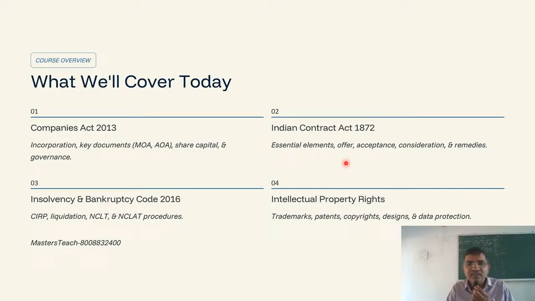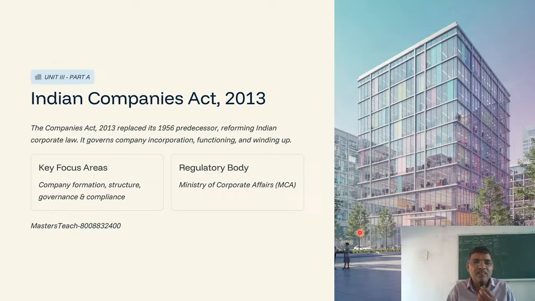In this, we'll discuss elements like acceptance, consideration, remedies, and the Insolvency and Bankruptcy Code 2016, CIRP, then liquidation, NCLT and NCLAT procedures, then intellectual property rights, including trademarks, patents, copyrights, designs, and data protection. So let us start with the Indian Companies Act 2013.